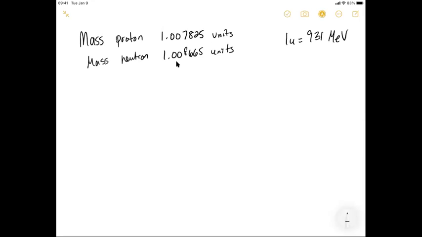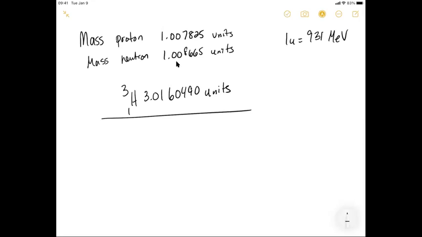So then they give us this isotope of tritium, and the mass is 3.0160490 units. So first one, we have to calculate mass defect and then nuclear binding energy.